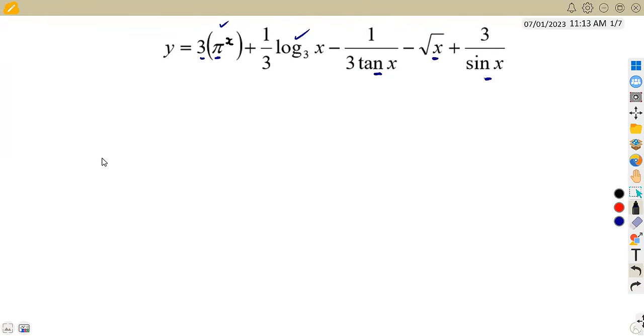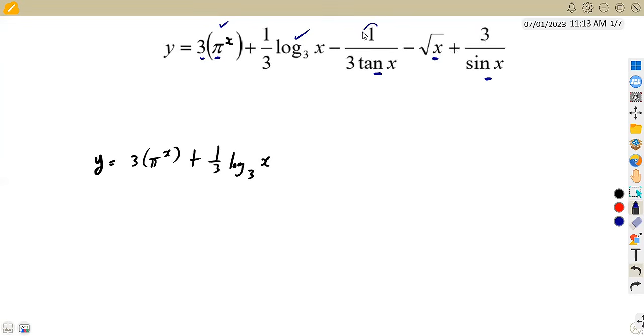So let me have this as y is equal to 3 times pi to the exponent of x plus a third, the logarithm of x in base 3. Then what are we going to do in this case? Remember from our trigonometry, 1 over tan simply gives us a cot. If you're given 1 over tan, that's a cot.